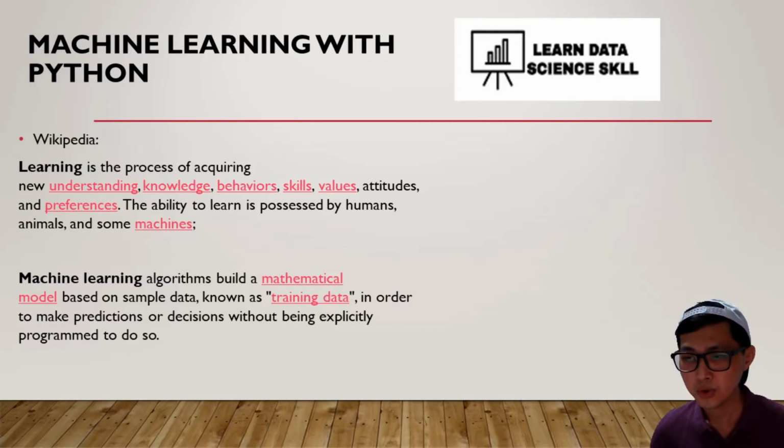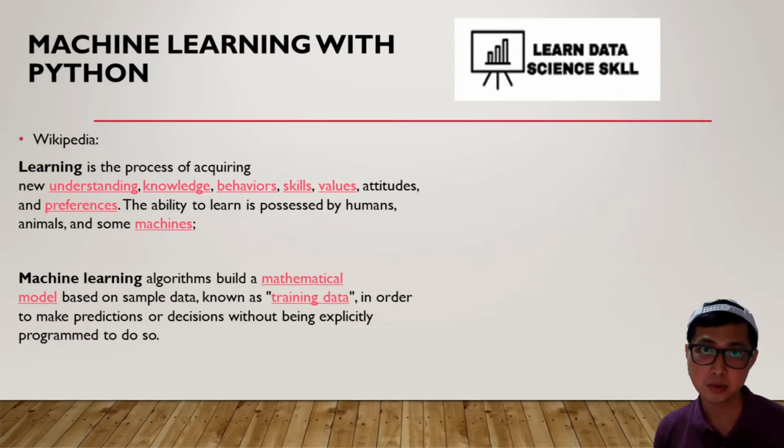Machine learning is defined as algorithms, which are basically mathematical models that are trained on sample data in order to make predictions or decisions without being explicitly programmed to do so. What it means is that we can train the machine with some training data to make it able to make decisions or predictions for human beings.